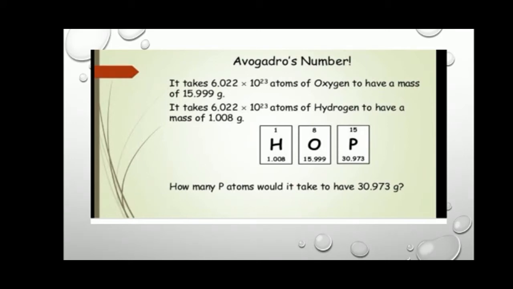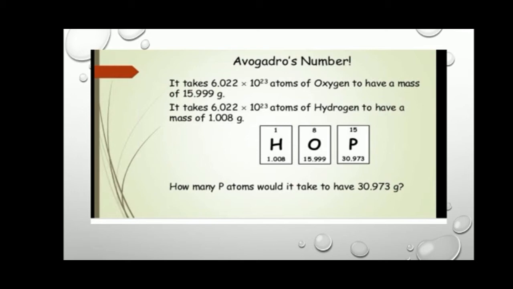You will find these elements in the periodic table exactly in this manner, given with the atomic number and the atomic masses. Like for hydrogen, atomic number is 1 and its mass is 1.008. It means there is a collection of 6.022 multiplied 10 to the power 23 atoms of hydrogen, which together weigh 1.008.